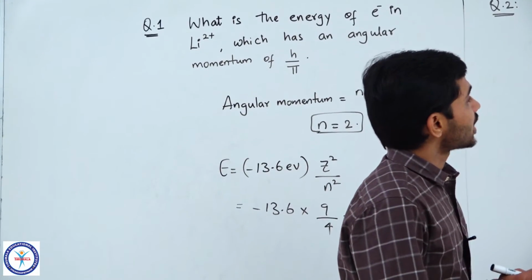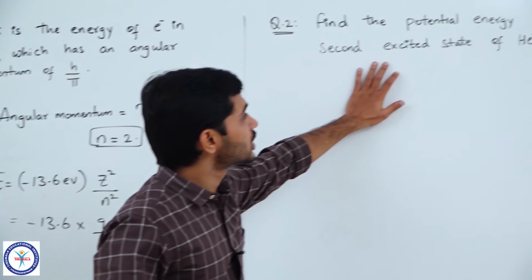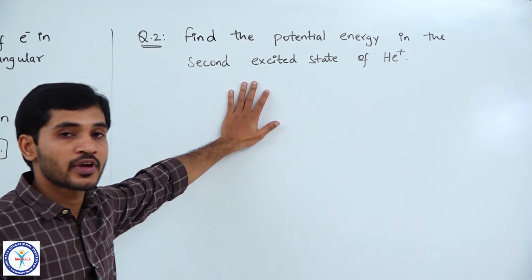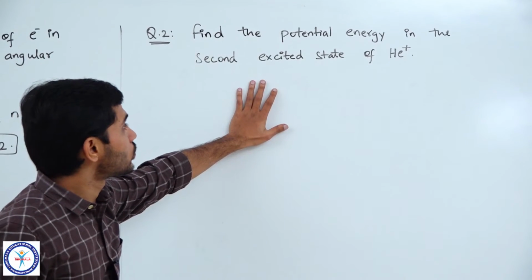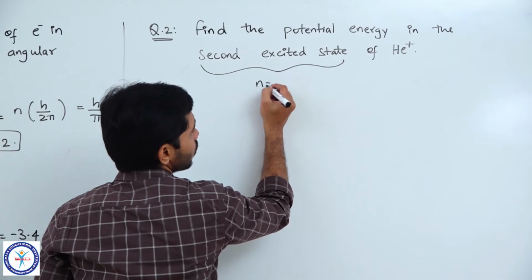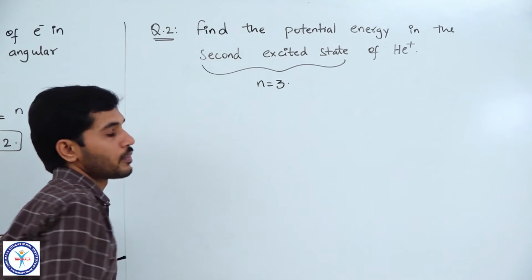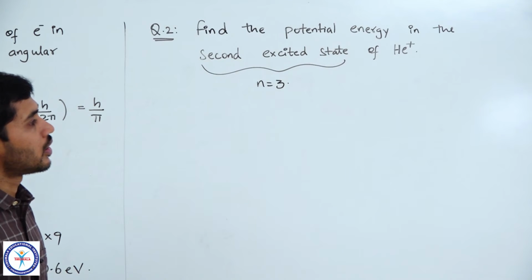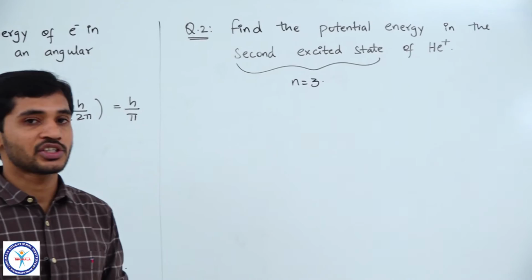So here they are asking us to find the potential energy of an electron in the second excited state of He plus. Second excited state basically means n is equal to 3. So potential energy of an electron in the third orbit of He plus.